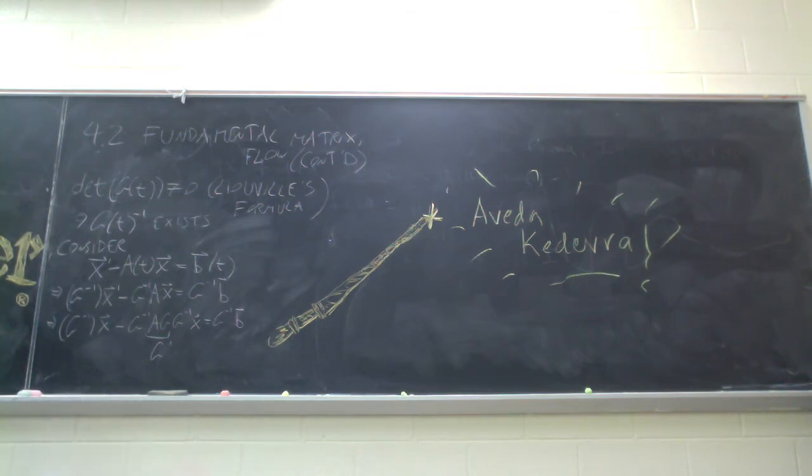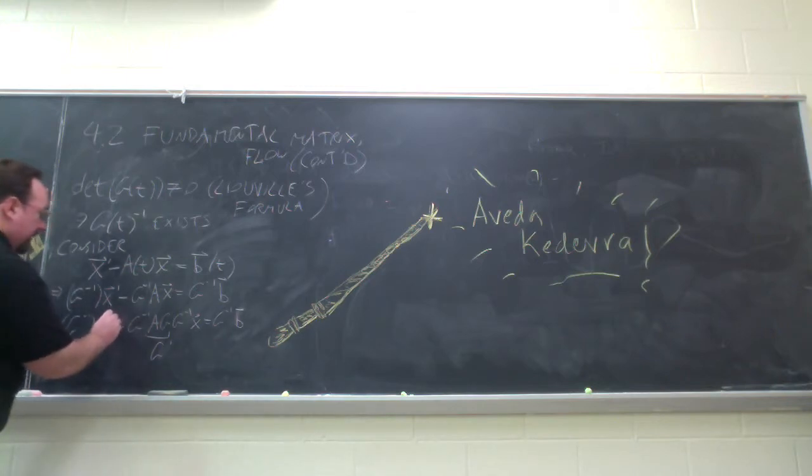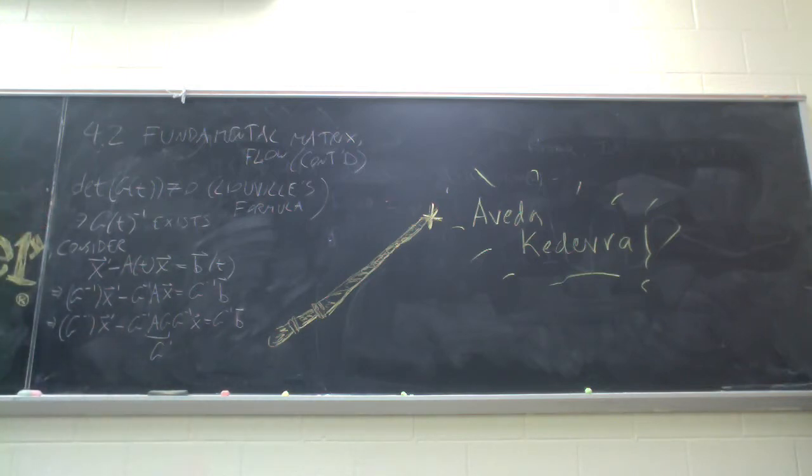So AG condenses to G prime, and that should be an X prime right there. So now we have minus G inverse G prime G inverse. Now, how is that helpful?